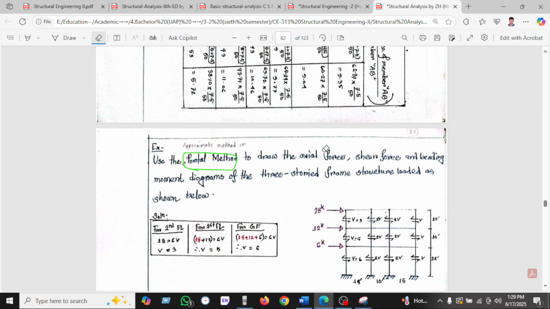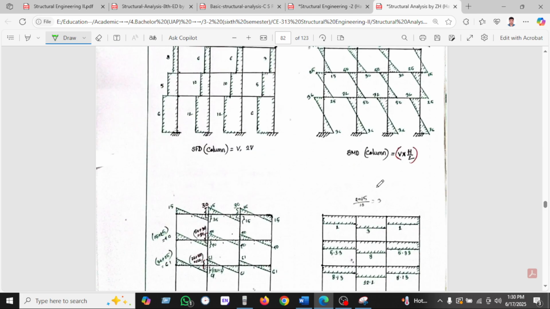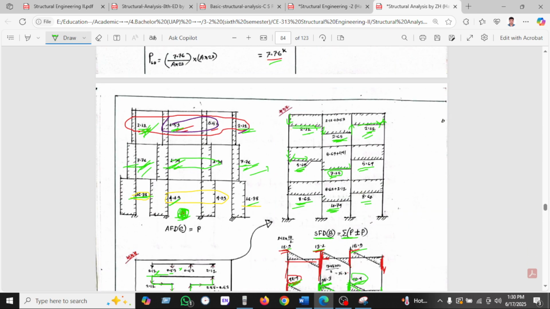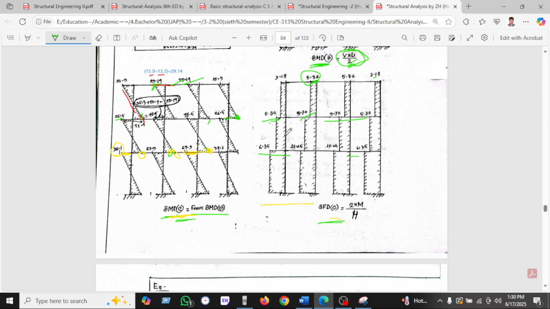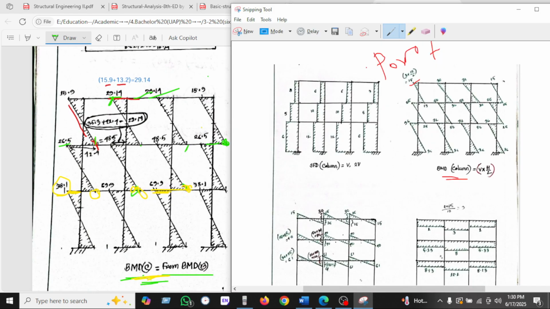If you go to the portal method, the loads are 18, 12, 6, and the distances are 15, 10, 10, and the heights are 10, 10, 12. For the cantilever method, the values, distances, and heights are the same. We just check which value is greater and which is lower. So this is the portal.